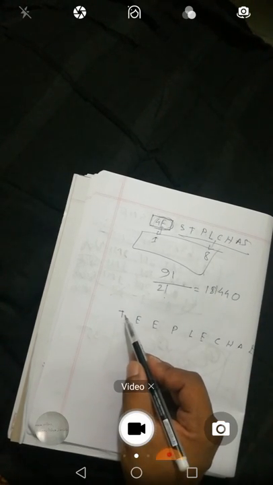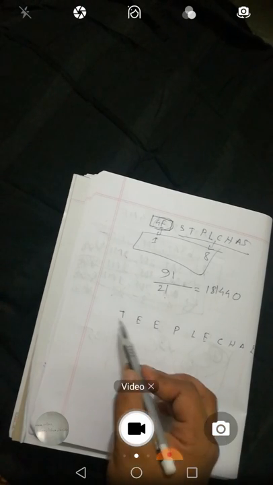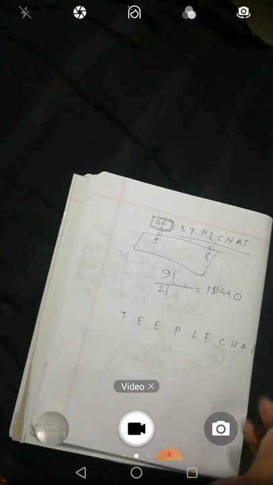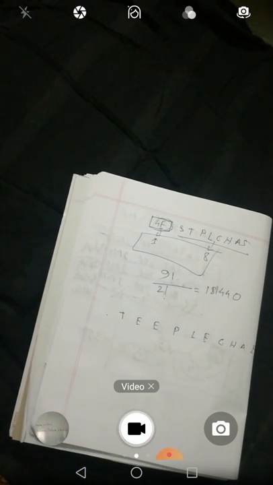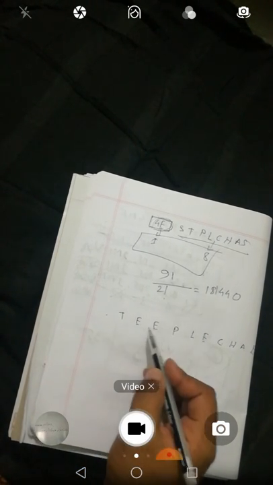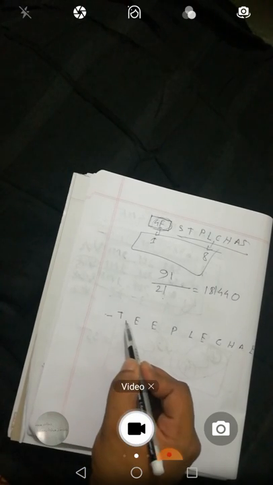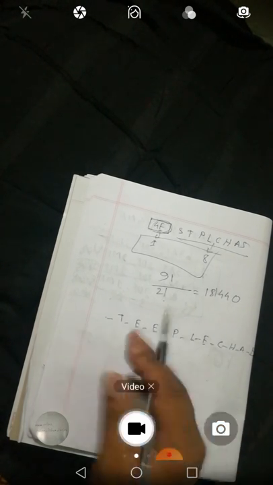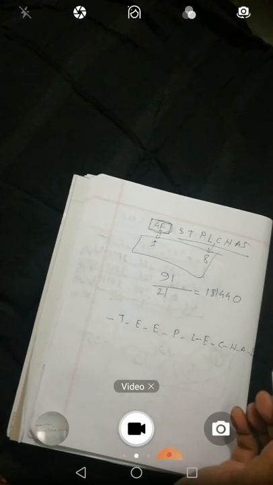Without the 2 S's, there must be 10 letters: 1 2 3 4 5 6 7 8 9 10. Let me see how many spaces we have between these letters: 1 2 3 4 5 6 7 8 9 10 11. So total 11 spaces we have to put S, and if we put S in these 11 spaces, then the S's would not be beside each other.